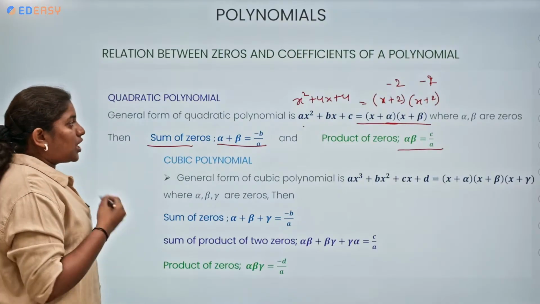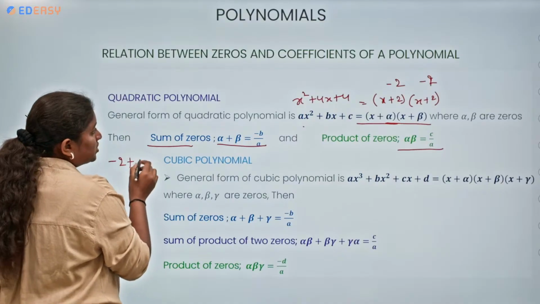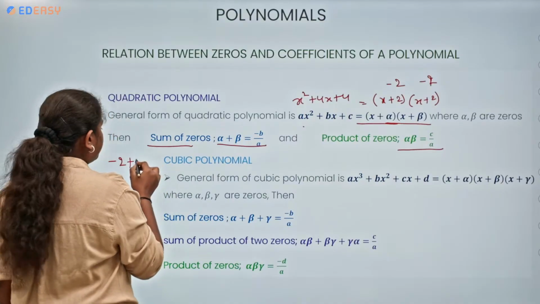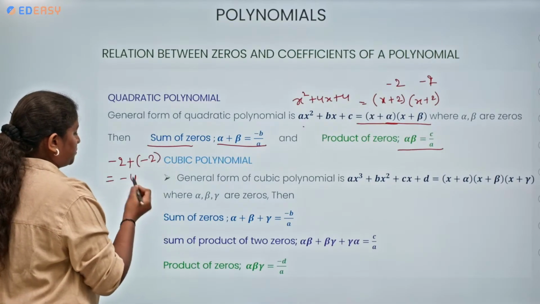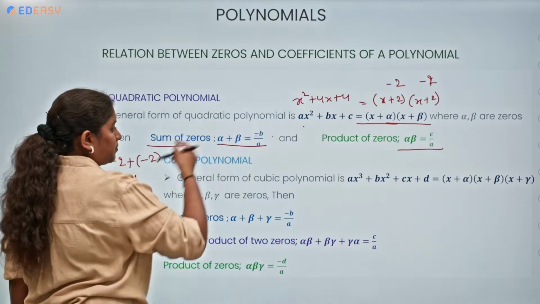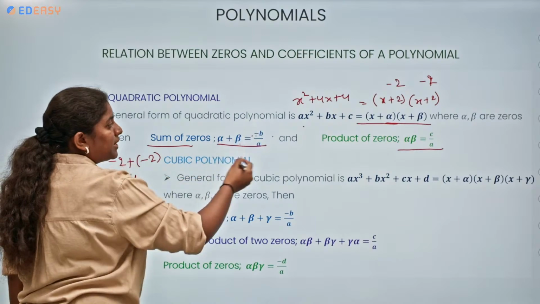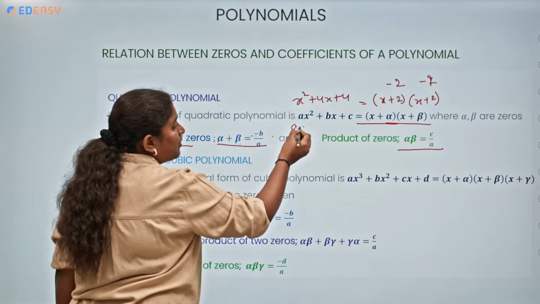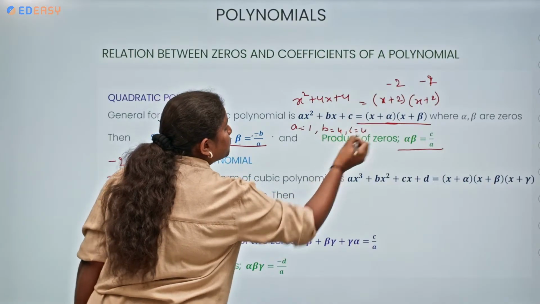Okay, so now let's check. -2 plus -2 equals -4, right? Now minus b by a: alpha plus beta I got -4. What about minus b by a? If you compare, a value is 1, b value is 4 and c value is 4.